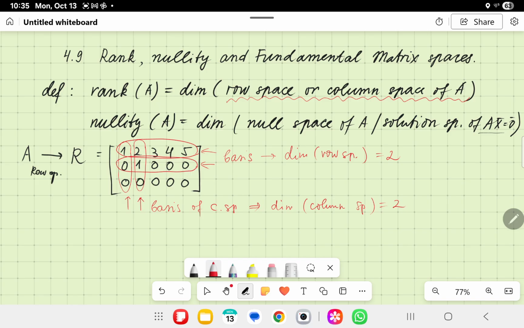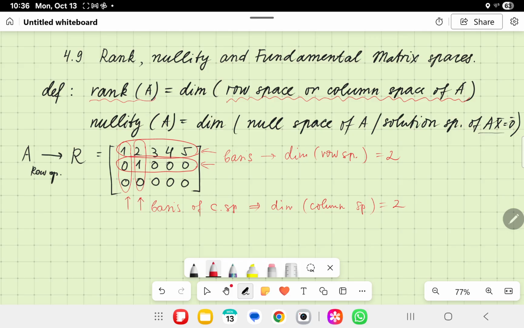The dimension of the column space is the number of columns with leading ones, and we do also have the same amount, because they are essentially the same. The rows with leading ones are the same amount as the columns with leading ones, right? Same amount. So that's why we are going to name this dimension by a special name, rank.